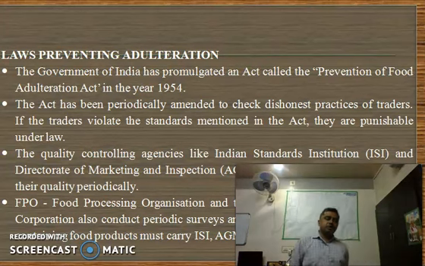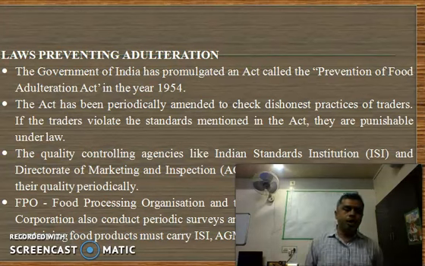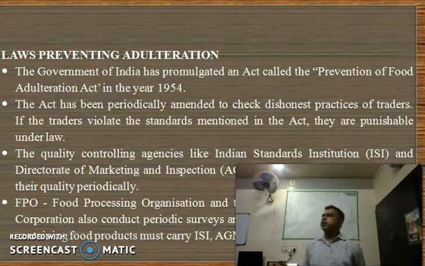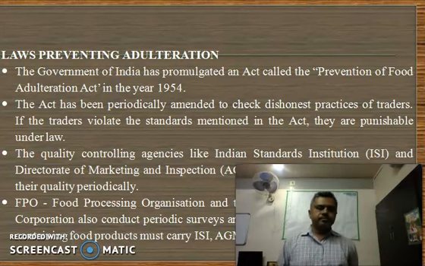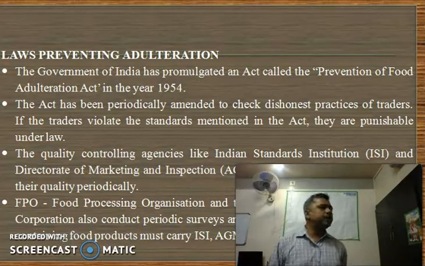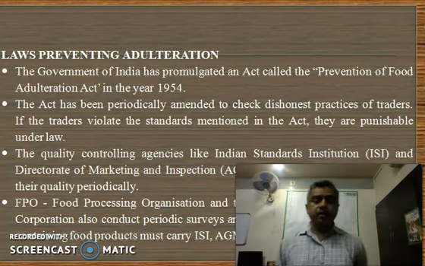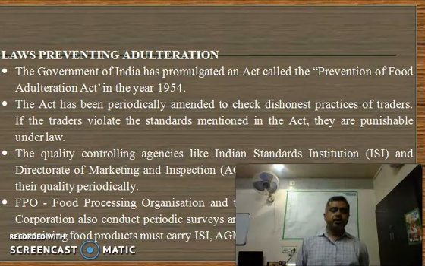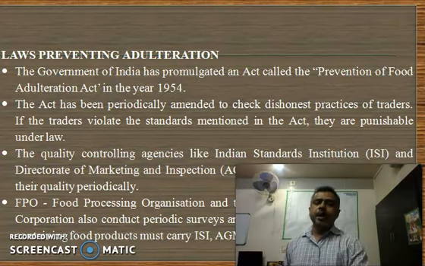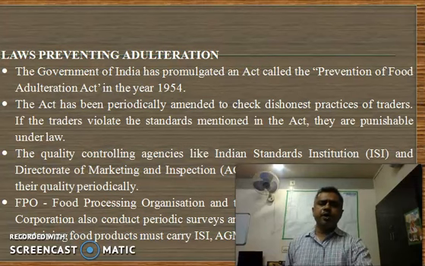Another is FPO, meaning Fruit Products Order, and the local health department in the corporation jurisdiction also conducts periodical surveys and issues certificates. As we see in Rajkot, Dr. P.J. is doing good work in these things. So all packets containing food products must carry ISI, Agmark and FPO stamps. Now it is already changed, so you need not go in depth.